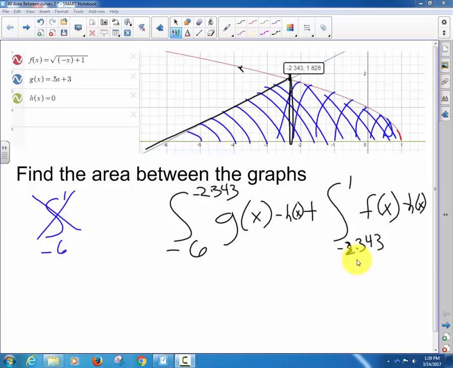can you see that this would be the top function now? And this would be the bottom function if we're looking at it sideways? And if this red is the top function and this blue is the bottom function, we've only got to integrate one time.